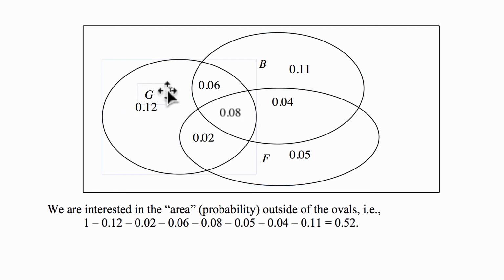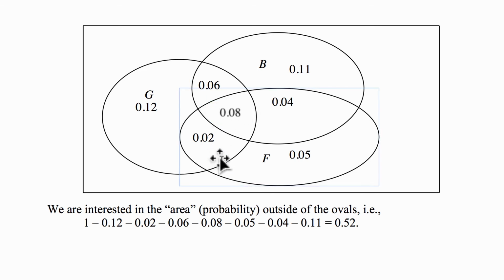G has the piece that is around here, another one here, another one here, another one here, and this 0.08 in the middle, that's the intersection of all three of them. That's directly given. Then the intersection of G and B had a total probability of 0.14, and because 0.08 is inside here, then the rest is 0.06.